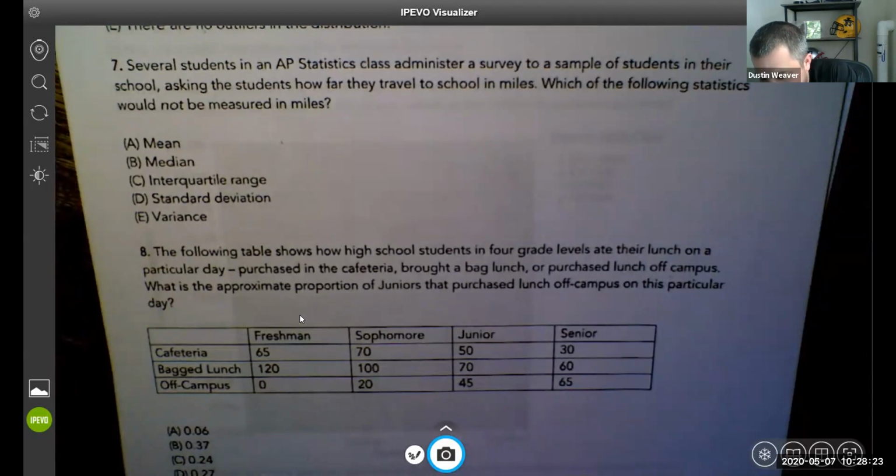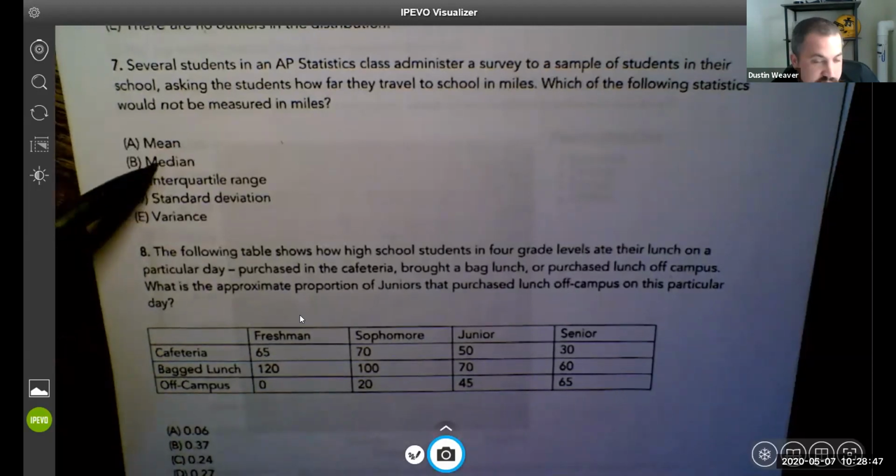Anybody remember that? Yeah, it's the standard deviation squared. So the variance is the standard deviation squared.